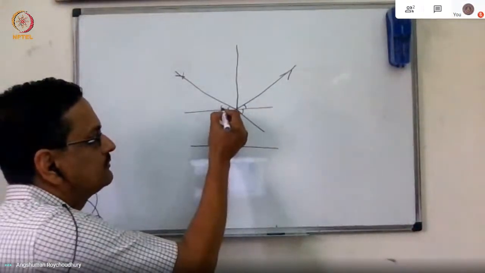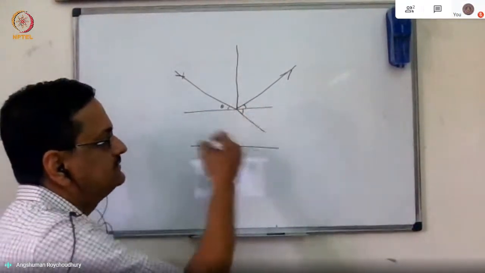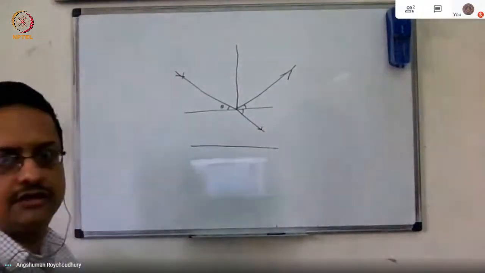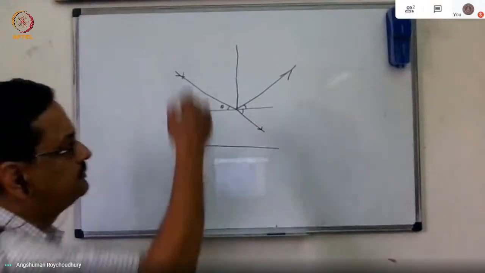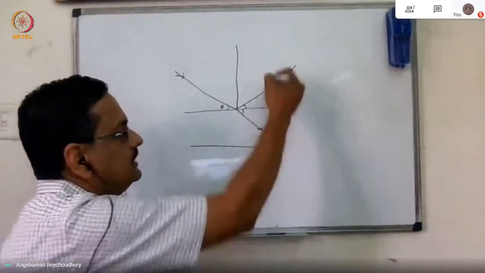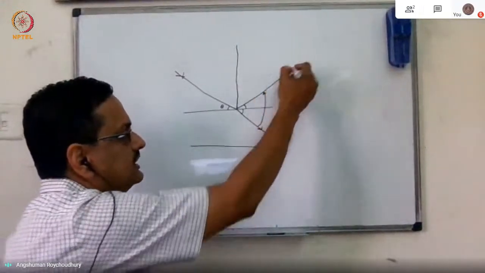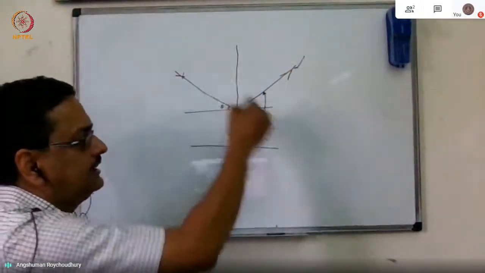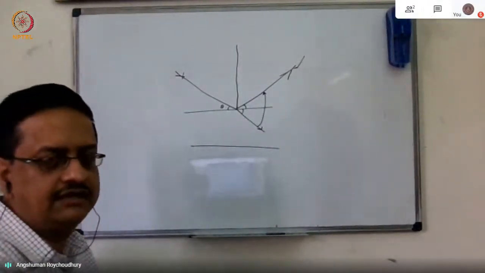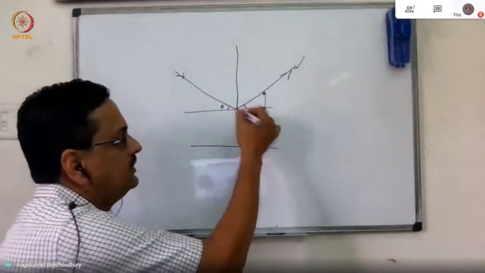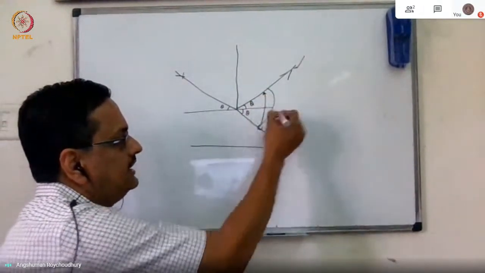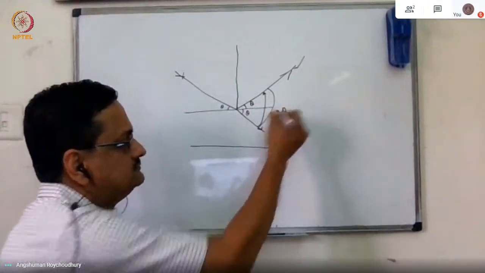So if you did not have the crystal, the beam would have directly passed in this direction. Because of the plane that is diffracting the X-rays, it is diffracted in a direction which is shown here. So the angle at which the incident radiation is deviated is not only theta, it is theta plus theta. So that is why this angle is your 2 theta.